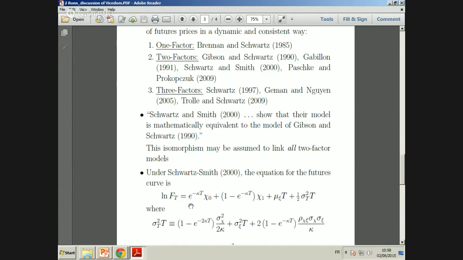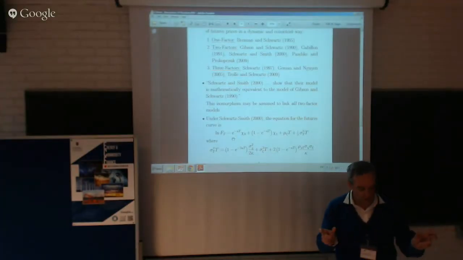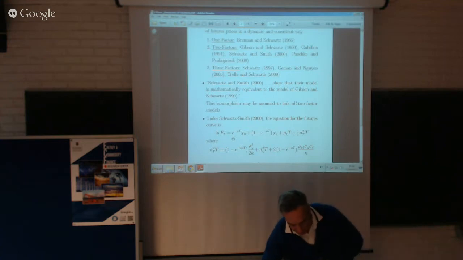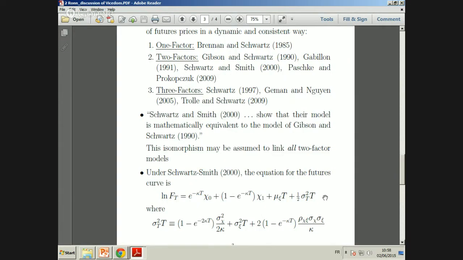So chi1 and chi0, you can see how the weights transform between them as t increases. So that's the mean reverting factor. This is the non-mean reverting factor, and this over here is Schwartz and Smith's variance covariance correction factor.